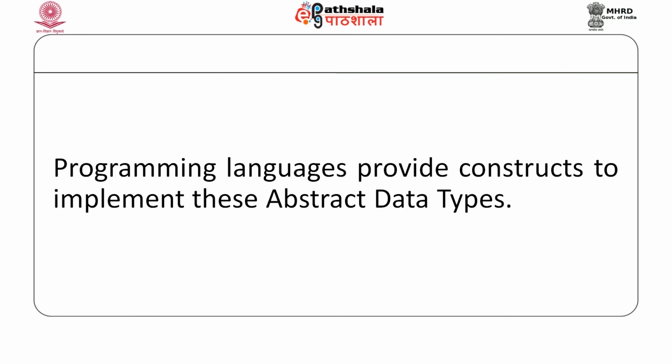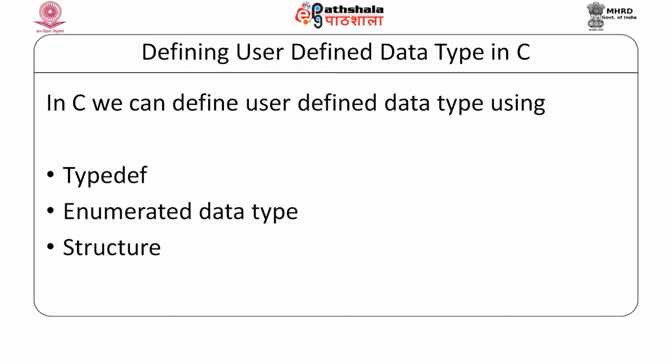And most of the programming languages give us the constructs or facilities using which we can define our own data type. You may recall that in C, we could define our own data type using either typedef, enumerated data type, or the structure.